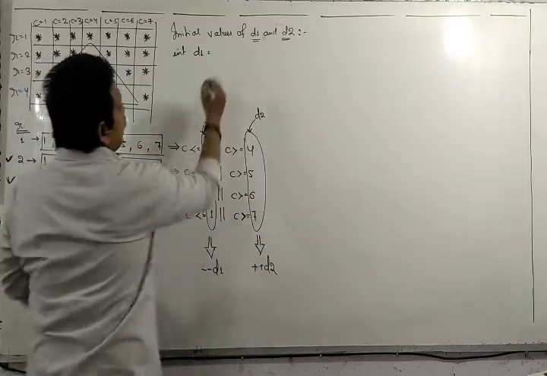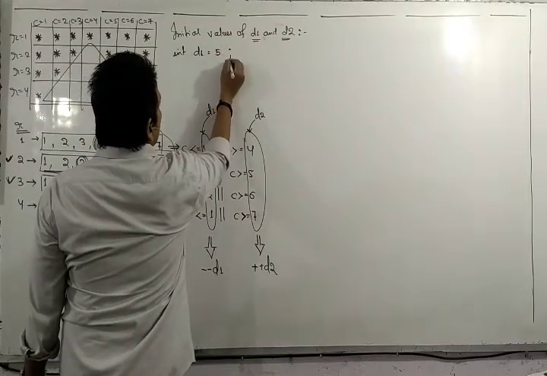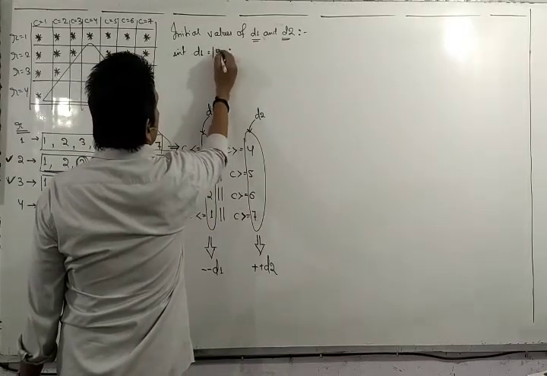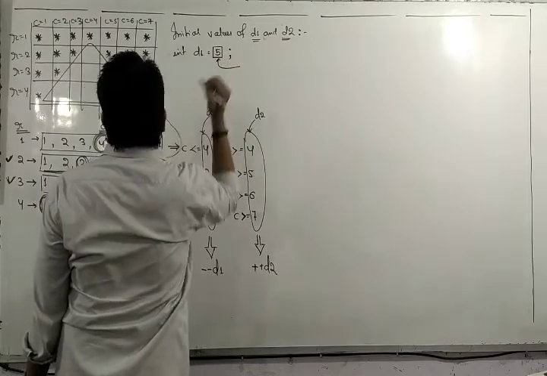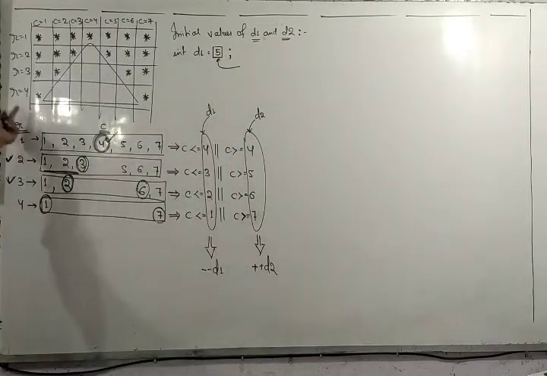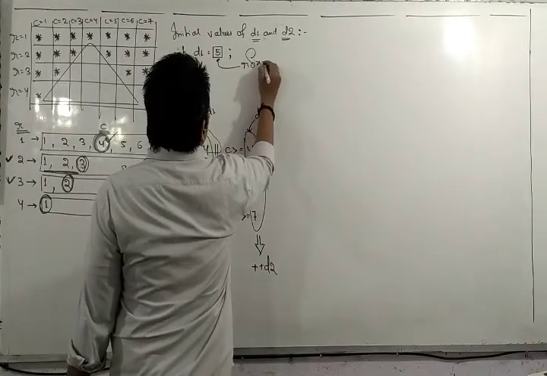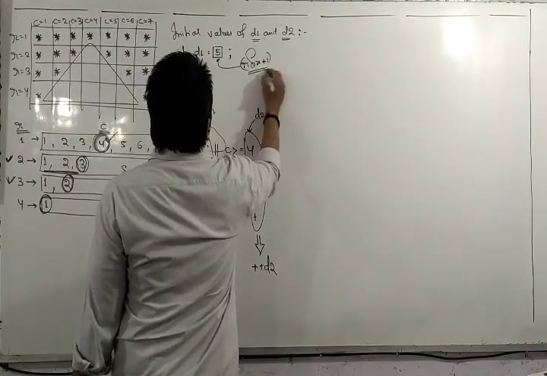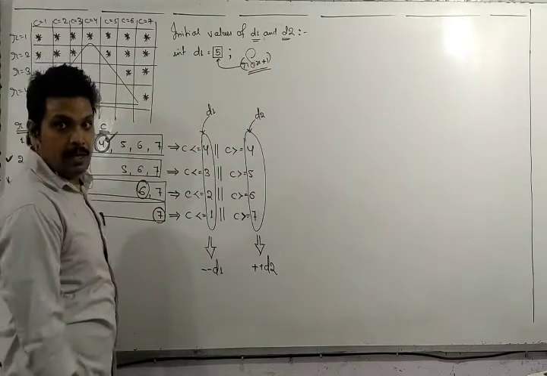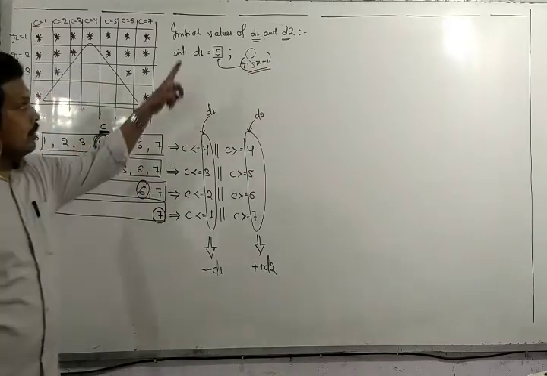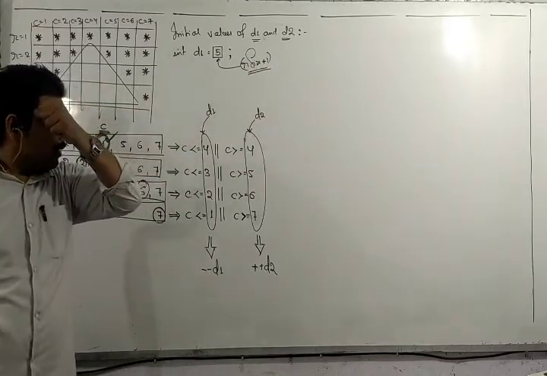It should be 5. Now how to get 5? See, r side plus 1. We will write here r side plus 1. Clear? So the initial value of d1 is 5.